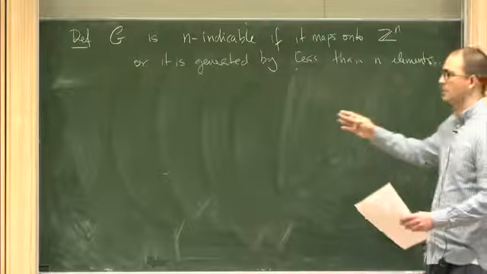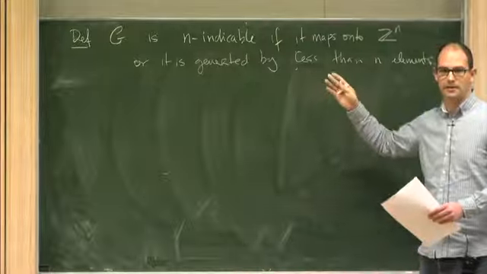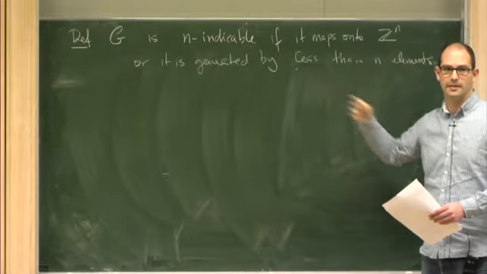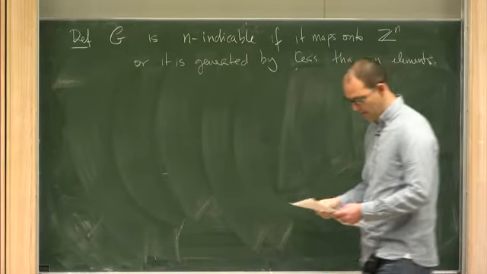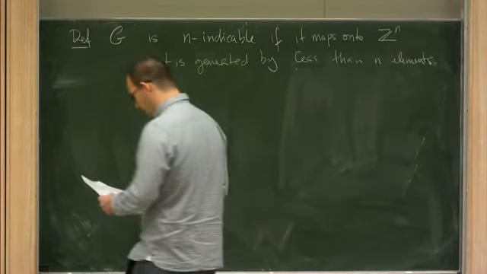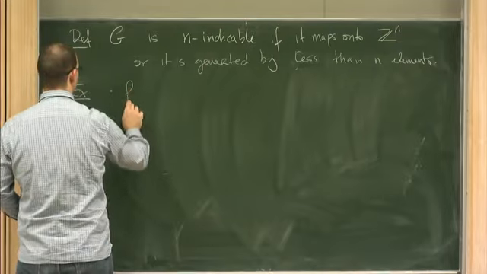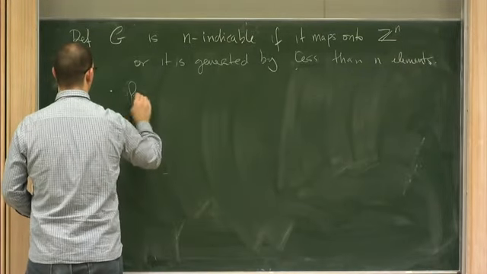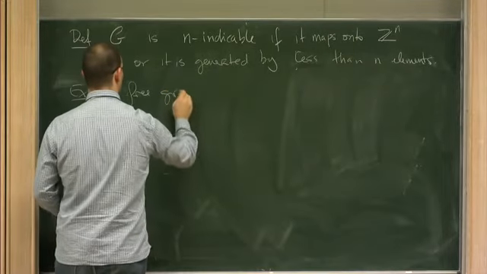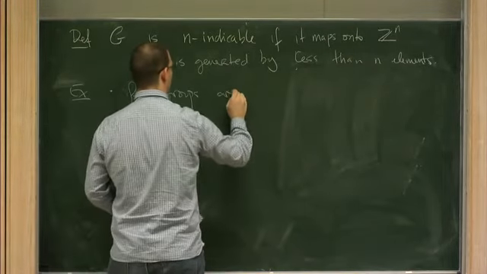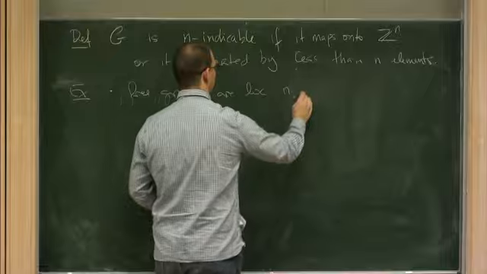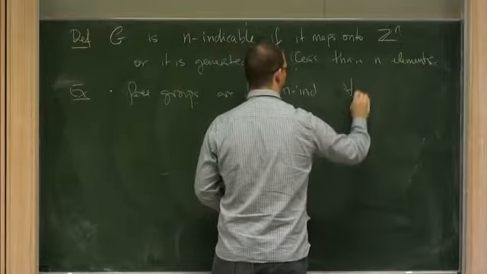And then a group is locally n-indicable if every finitely generated subgroup is n-indicable. So examples of these are free groups, which are locally n-indicable for all n.